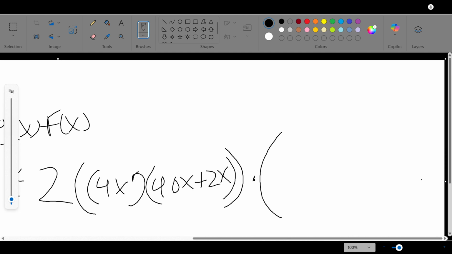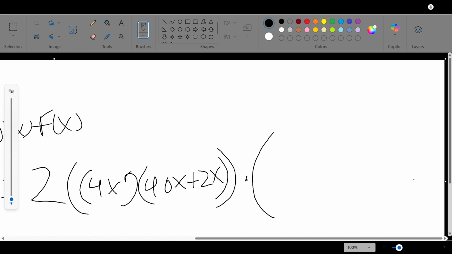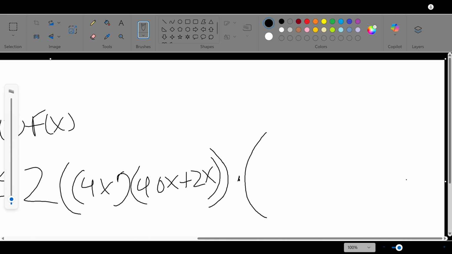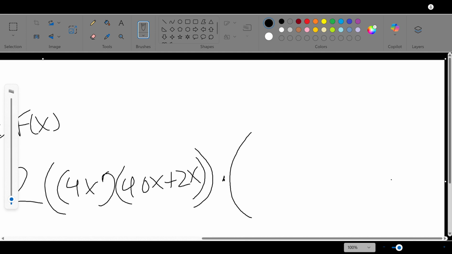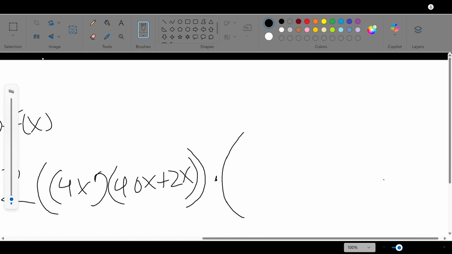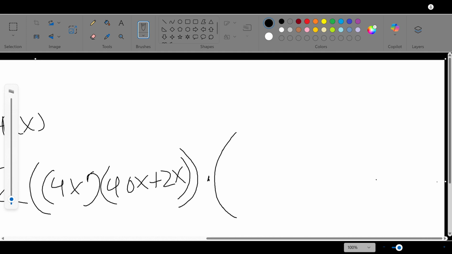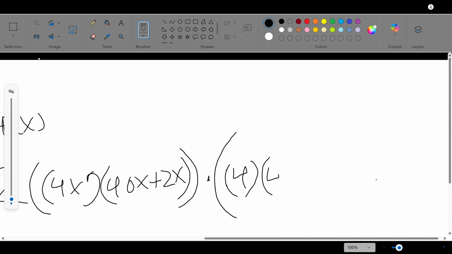Whoever made MS Paint sucks a lot. I will not define the lot because it is inappropriate, but it sucks a lot. Alright, so it's going to be 4 times that second function.